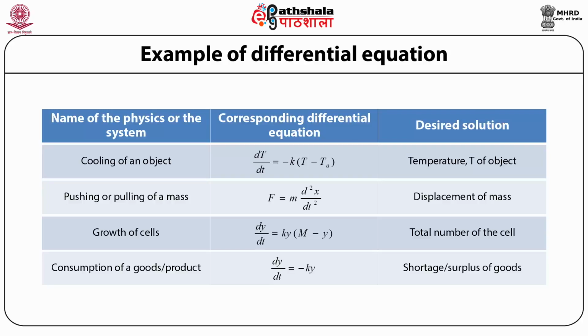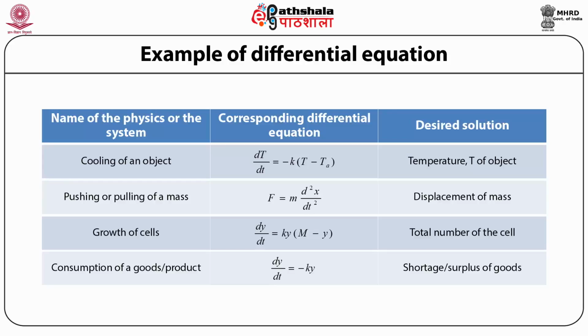So what we are interested in is to find out the displacement of the mass given a force. Growth of cells is a third example. Like we saw, dy by dt is equal to k times y times (m minus y). What are we interested in? We are interested in the growth rate and m, the total number of cells.